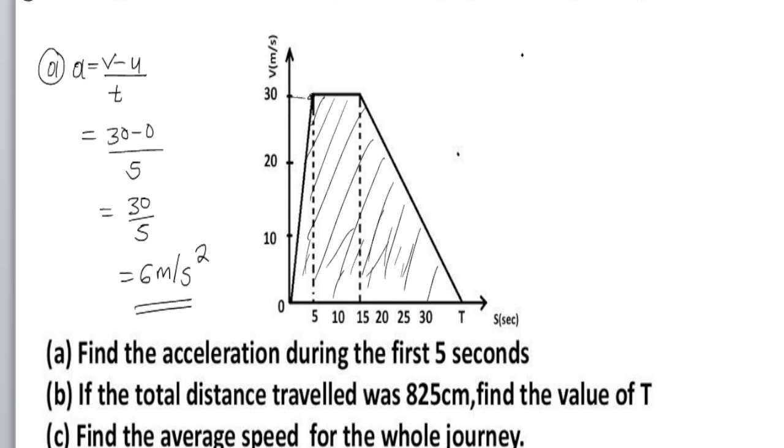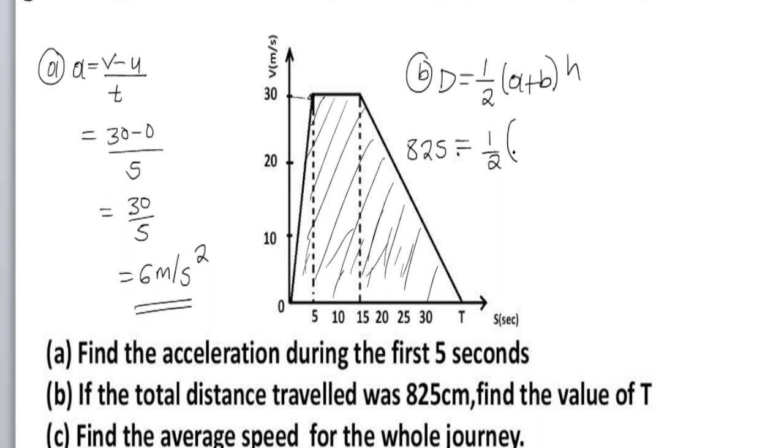To find distance, so we're looking at part B, we're going to use the formula for the area of a trapezium, which is half, then A plus B, height. Now they've told us the distance is 825, so I'm going to put 825 where there's distance, then this will be half.